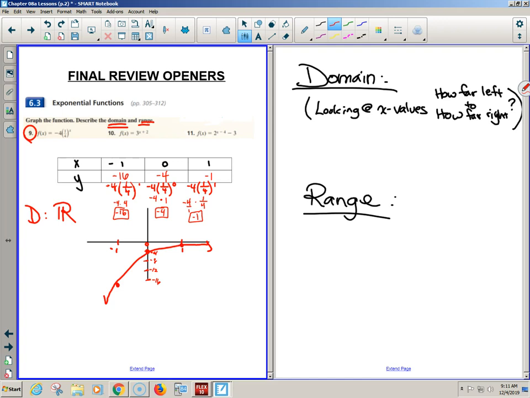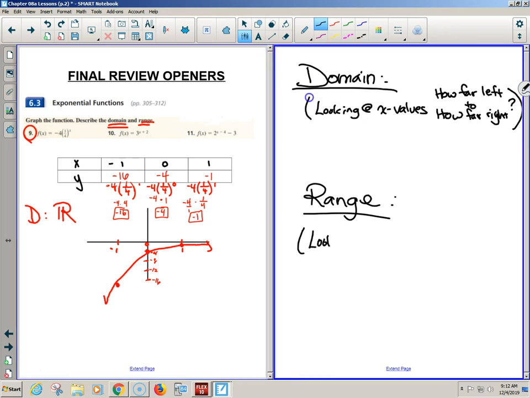Now, if domain is looking at x's, come on, you're problem solvers, at least kind of, what would range be? Good enough. Looking at the y values. Right is something you do along the x-axis for x values.